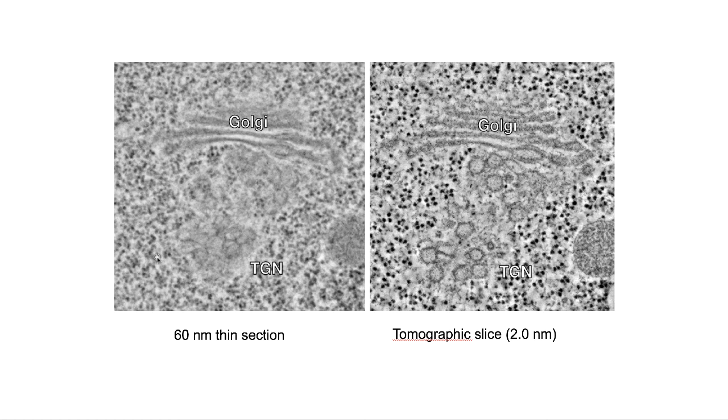Unlike this image, where the ribosomes look closer than touching each other, we don't see the ribosomes clustered that close to each other. Another improvement is in membrane outlines. This TGN looks like a cloud in this image, but you can see outlines of individual vesicles, and budding profiles are clearly resolved. This improvement came from the fact that this slice is far thinner than actual physical TEM sections.